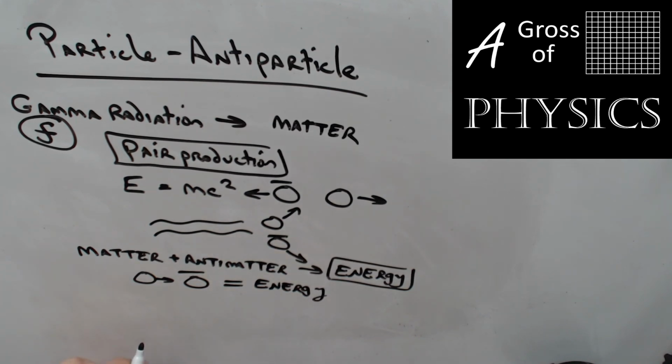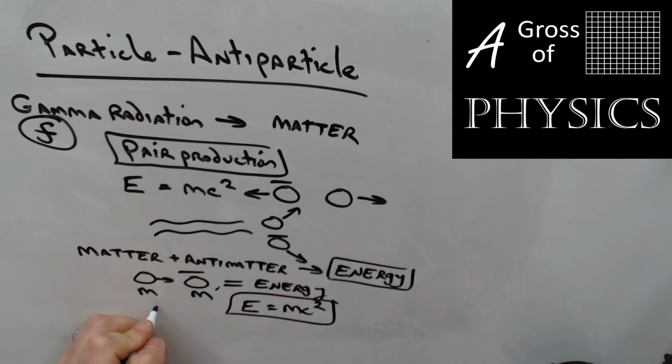We call that annihilation. They annihilate each other because antimatter and matter don't really like each other. But once again, if you knew the mass of each, you would add the masses together, so m1 plus m2 would be our total mass, and we could do E equals mc squared to find the total energy.